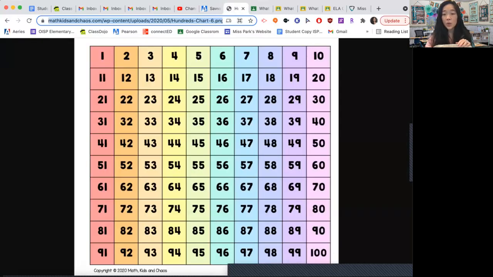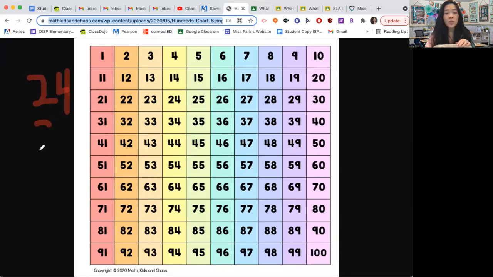24 plus 23. 24 plus 23. How do we use a hundreds chart? We start with the number 24, circle it. Now we need to count on by tens. How many tens do we have in 23? 2. 1, 2.